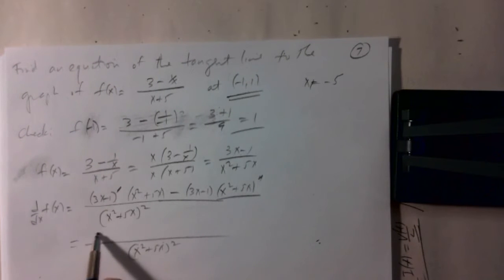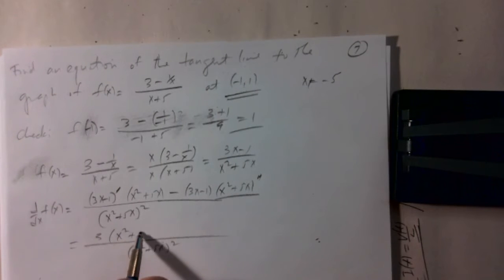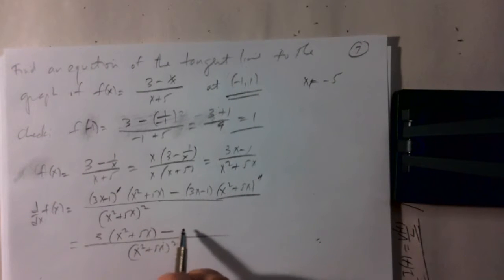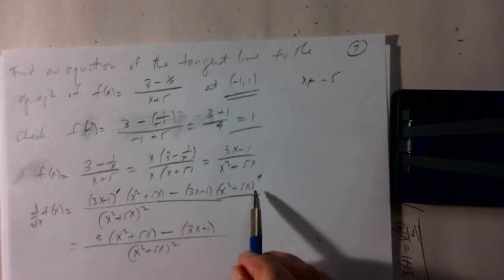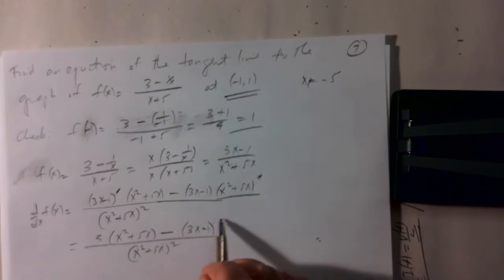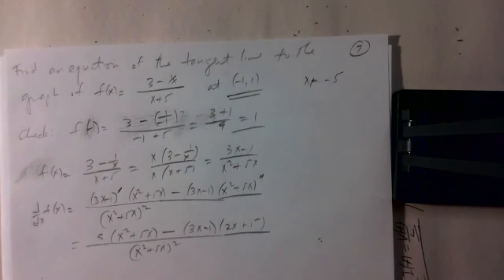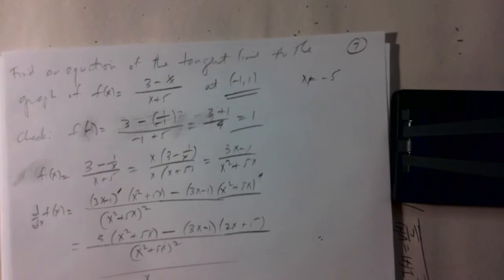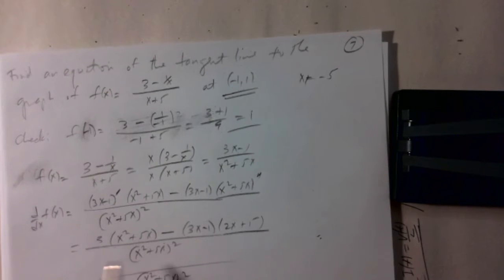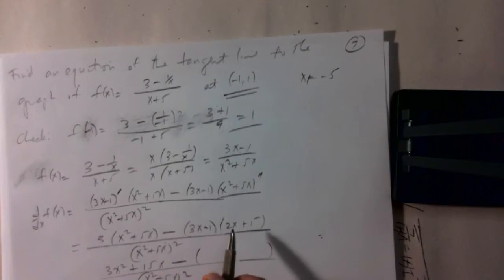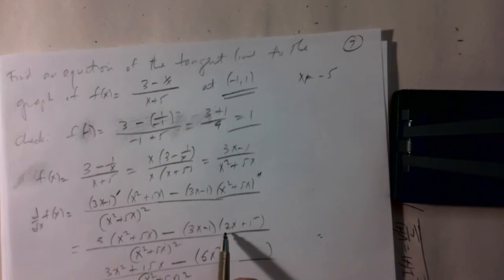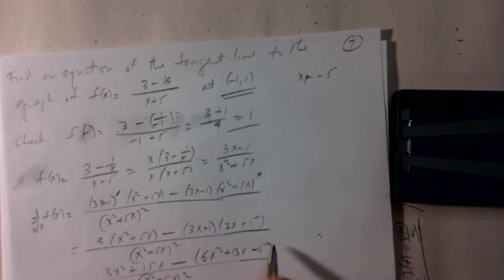Derivative of 3x minus 1 is 3 times x squared plus 5x minus 3x minus 1. And what's the derivative of x squared plus 5x? It's 2x plus 5. Now, we really shouldn't leave it like that. Let's simplify this. This is 3x squared plus 15x minus, when you multiply this together, you get 6x squared minus 2x plus 15x is plus 13x minus 5.